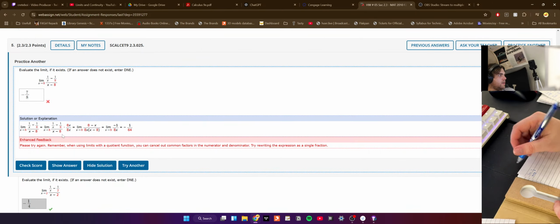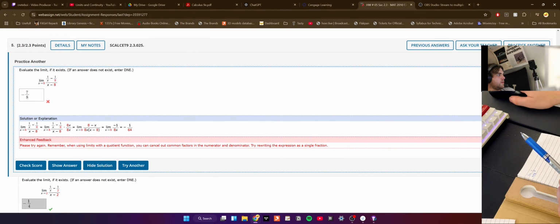The mistake I made here was not doing this multiplication, just multiplying it by 8x, which would have satisfied this. 1 times 8x over 1.